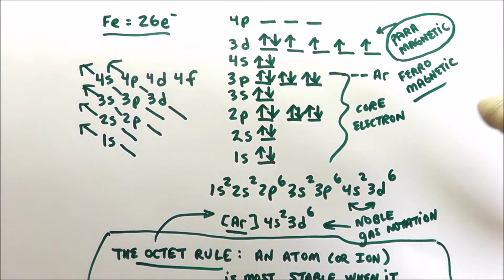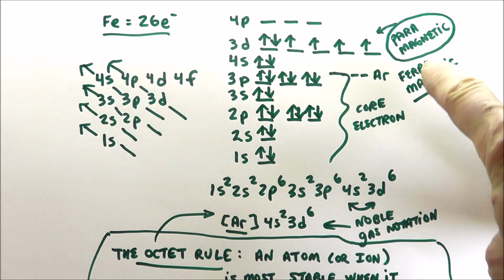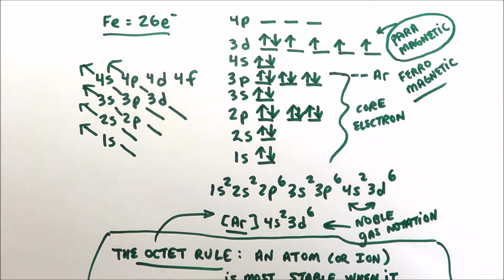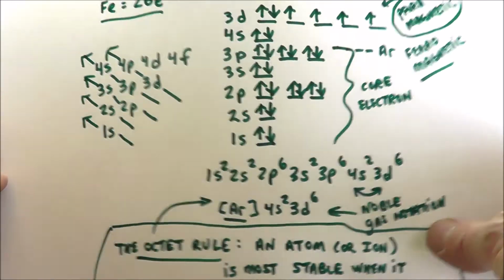So this is something you can't quite predict from the electron configuration, but this is something you can, as well as diamagnetic. So I just wanted to clear that up. Iron's highly paramagnetic. It's also ferromagnetic. So, my expectations of you are to be able to differentiate between para and diamagnetic.